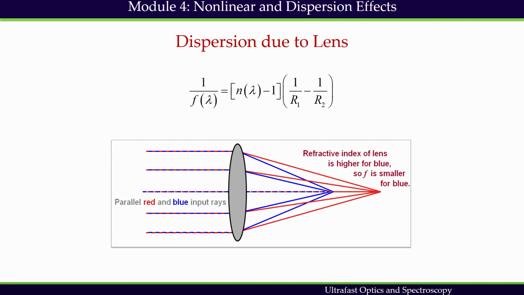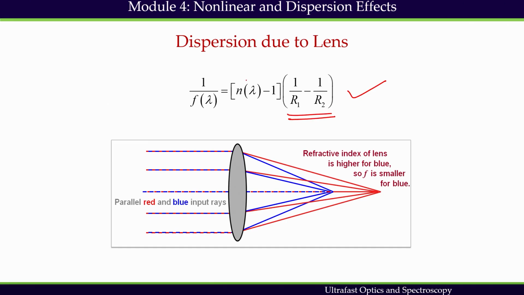In the thin lens, any incident ray traveling parallel to the principal axis will refract through the lens and travel through the focal point on the opposite side of the lens. The well-known lens maker formula is given by this equation, which clearly shows that the curvature is constant for a particular lens.